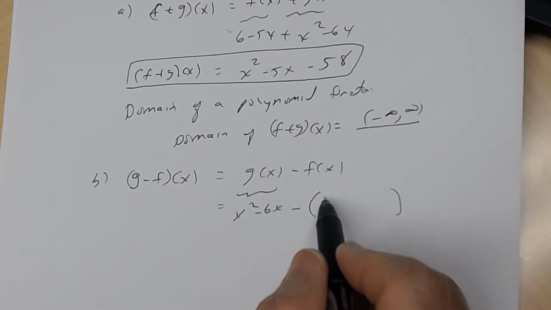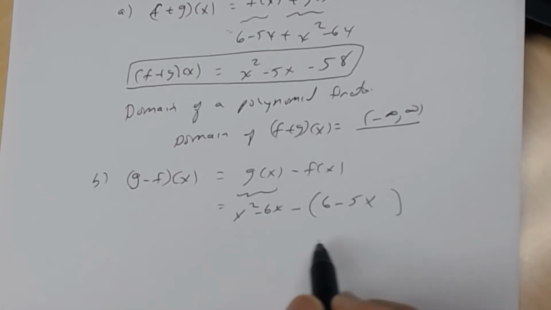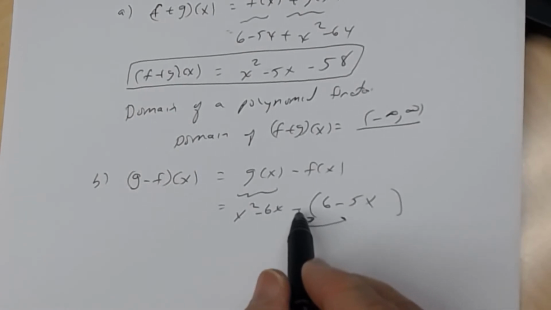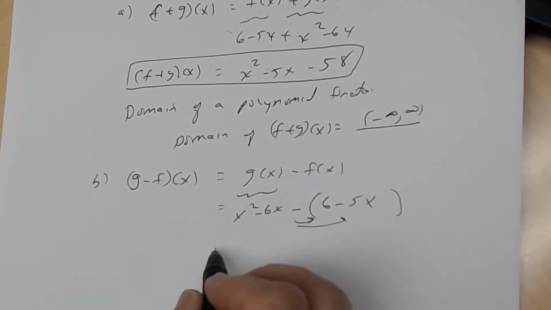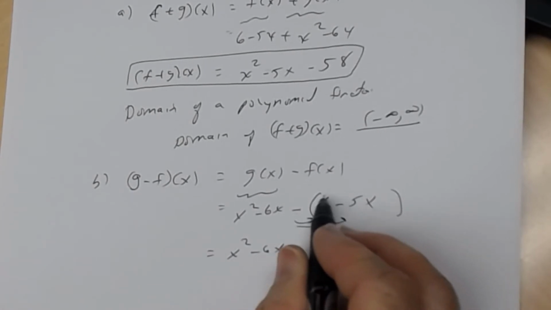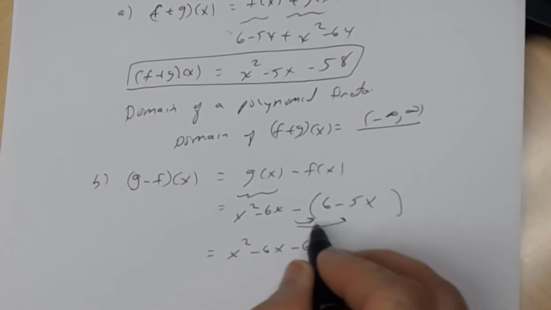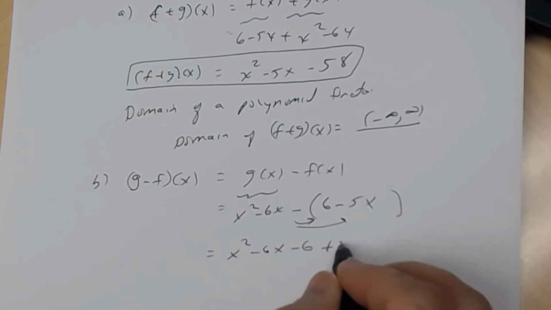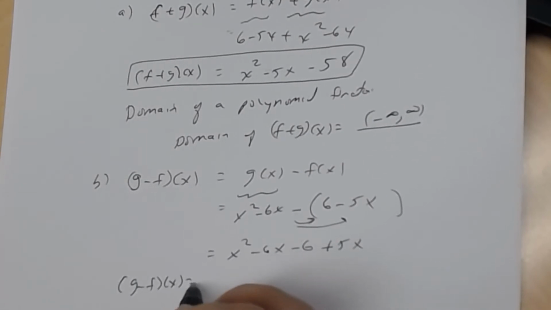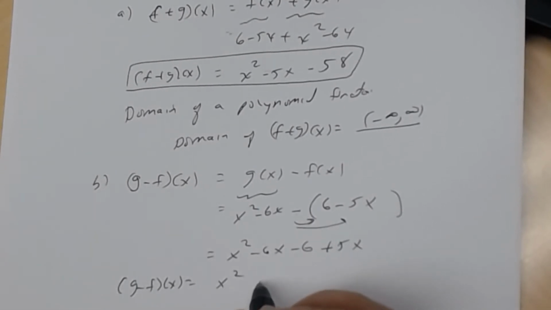So f of x, remember, 6 minus 5x. I get rid of the parentheses. That's why you had to put in parentheses so you could subtract both terms. I get x squared minus 6x. When I subtract 6, I get a negative 6. When I subtract negative 5x, I get a positive 5x. And so therefore, g minus f at x is equal to x squared. Combine like terms. A negative 6x and 5x is a negative x, and then minus 6.